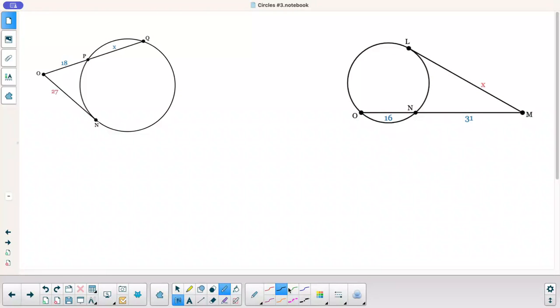So when I come over here, it's going to be 18 times 18 plus x equals 27 squared. Let's do a little bit of math here. Distribute the 18. You get 324 plus 18x equals 729.